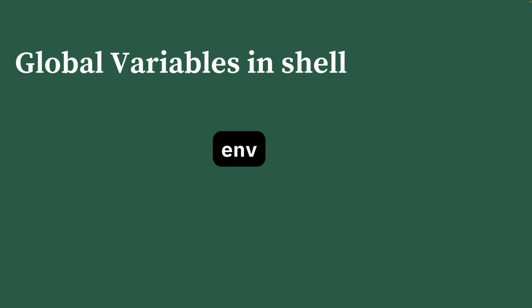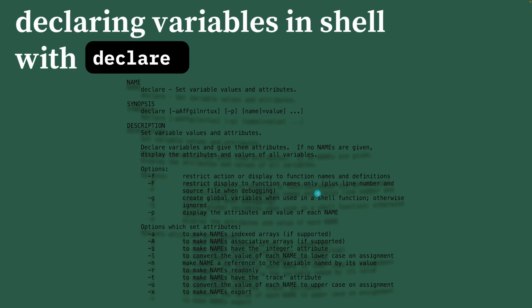There is nothing so far in the shell that I have told you in this particular variable declaration. But actually you can also enforce a type within the variables of the shell using what is called the declare keyword. So the declare keyword is a way that you can use your variable to set a value as well as its attribute.